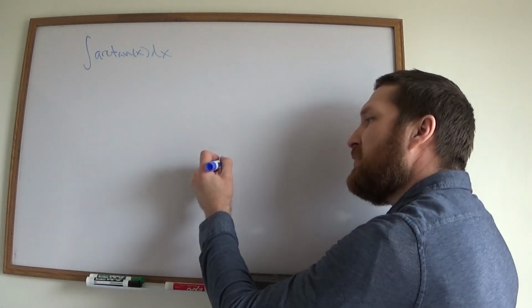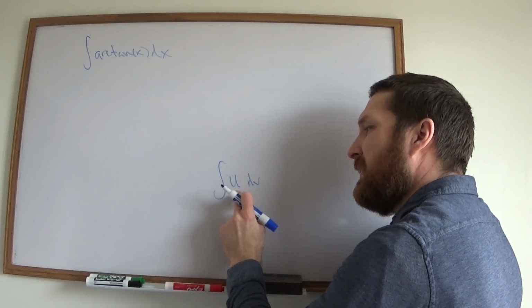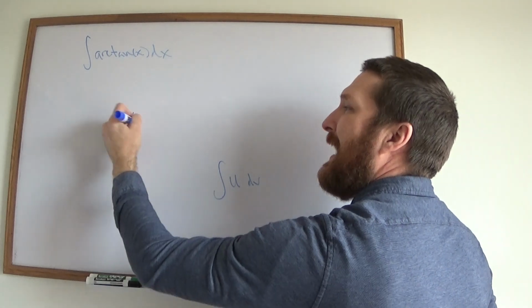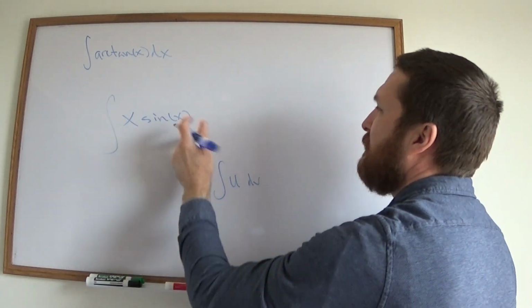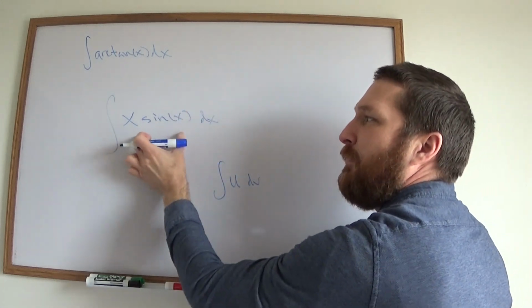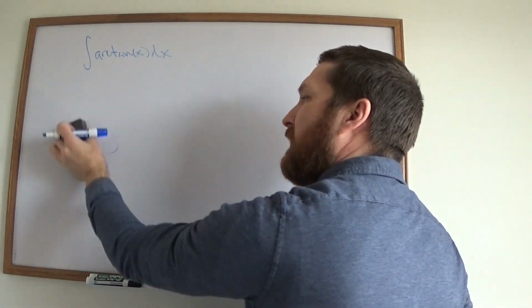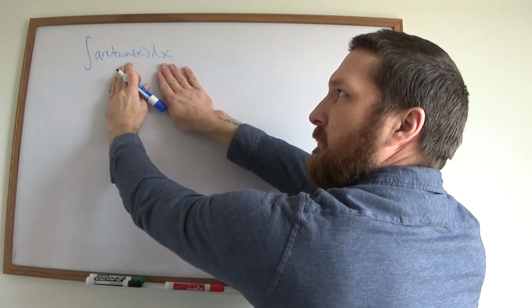Because in integration by parts, you need a u and a dv, and you're looking for this thing to be like x sine x. If you saw that, you would say integration by parts, because what's in there is a product. But that's not the only time you should think of integration by parts, because this itself is a product.